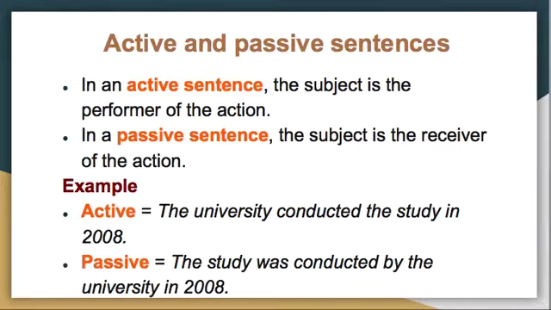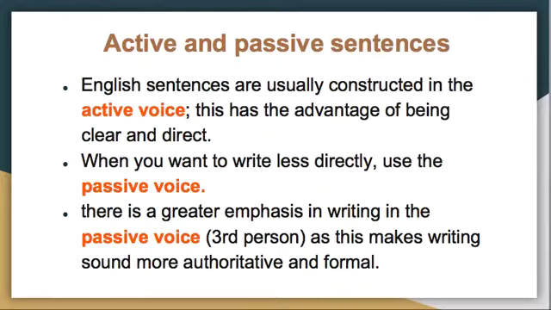A lot of times, you have to write sentences in passive voice. English sentences are usually constructed in active voice, which has the advantage or quality of being clear and direct.